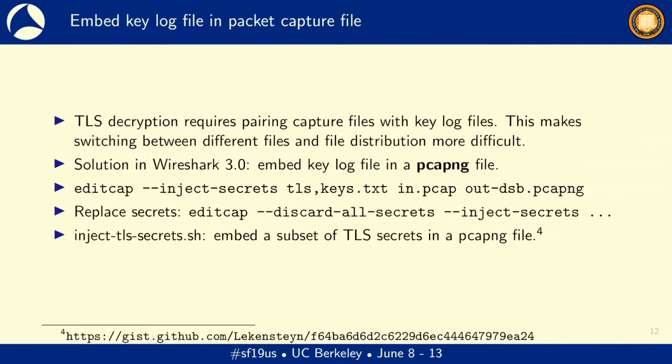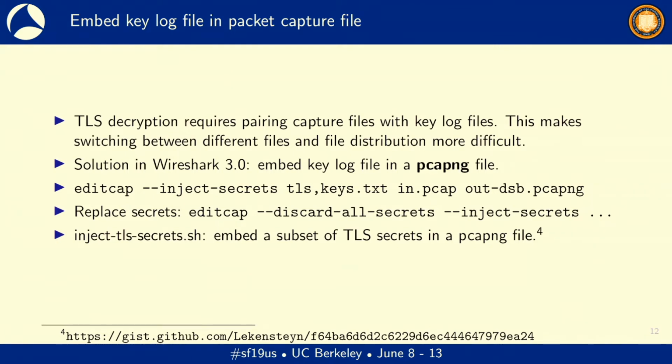So that's why in Wireshark 3.0 we added a new feature. You can now actually embed this keylog file in a packet capture file. And there's no GUI way to do that. You have to resort to the CLI tool called editcap. Basically, you call editcap with the --inject-secrets option, tls, comma, then the keylog file, the original file, and then the output file.